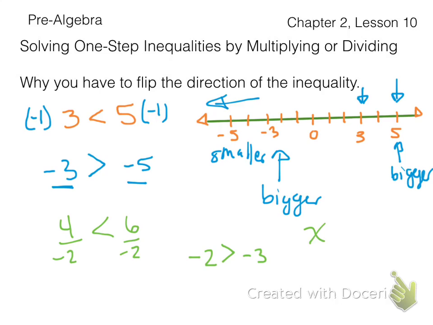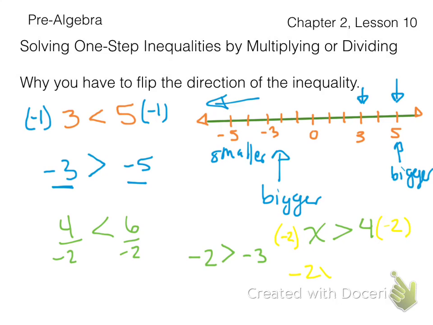If I say that x is bigger than 4, and I multiply both sides by negative 2, I still need to flip the direction of the sign.